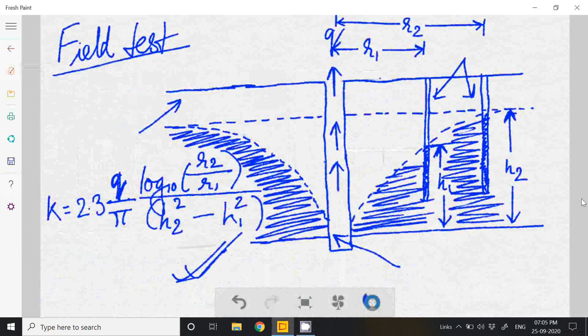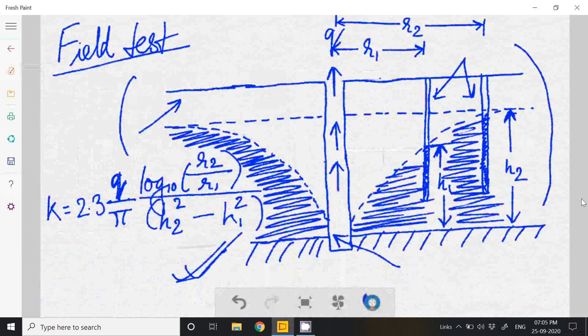This one is the impermeable strata, so beyond this water cannot pass. The remaining whole mass was soil.